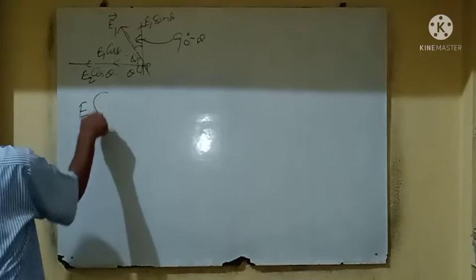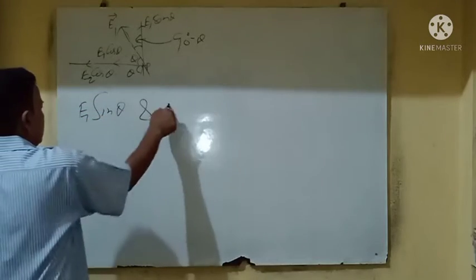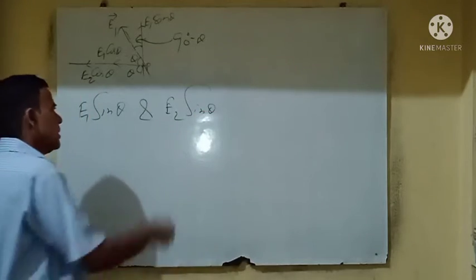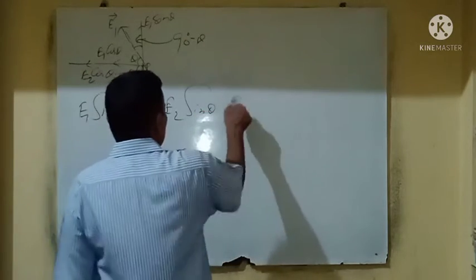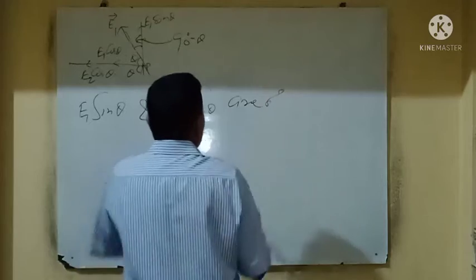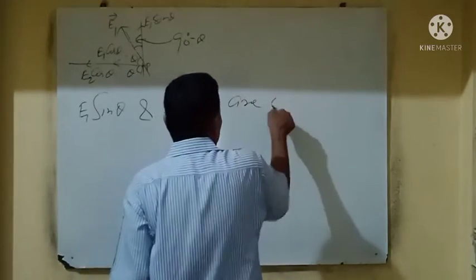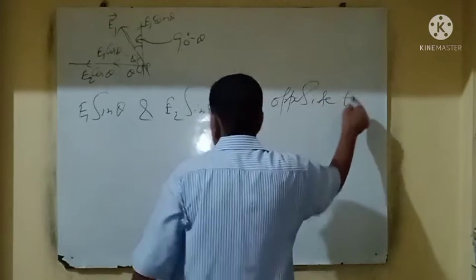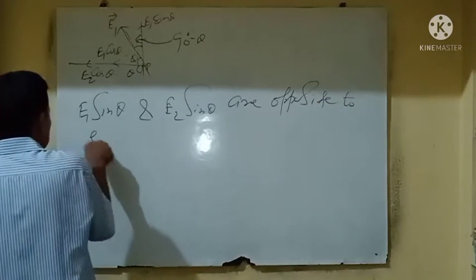E1 sin theta and E2 sin theta are opposite to each other.